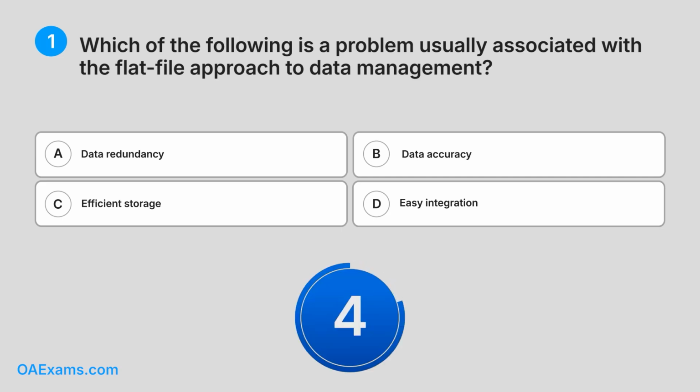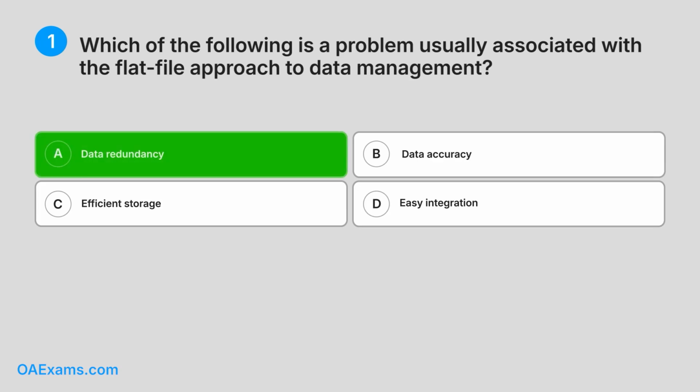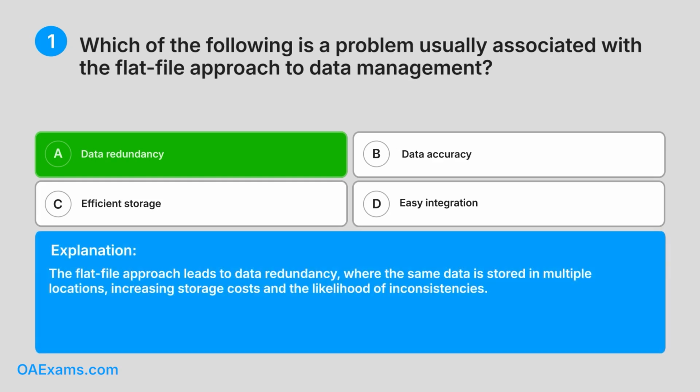What do you think is the answer? Correct answer: A. Data redundancy. Explanation: The flat file approach leads to data redundancy, where the same data is stored in multiple locations, increasing storage costs and the likelihood of inconsistencies.